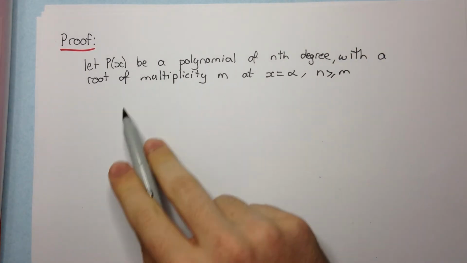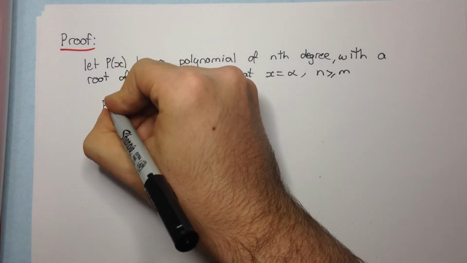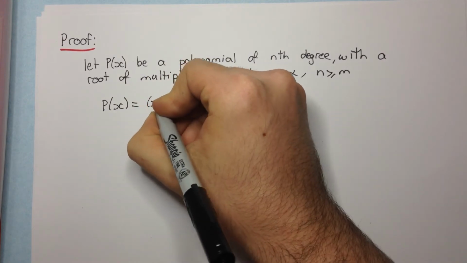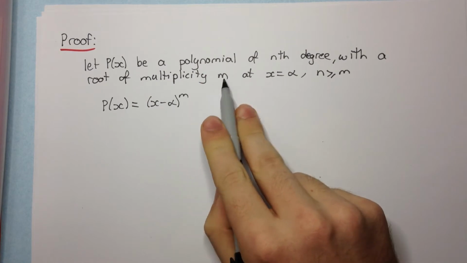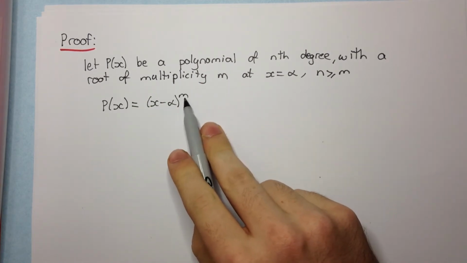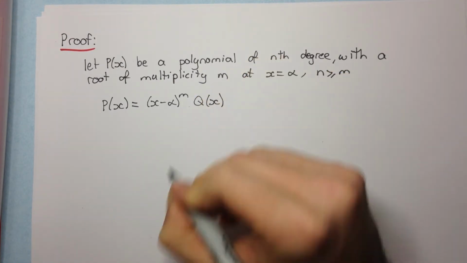Okay, so what does this mean in terms of a mathematical statement? So that means p of x is equal to x minus alpha to the power m, because it's a root of multiplicity m, so we have m of them, times by some other function, q of x.